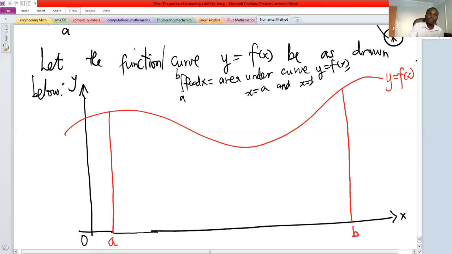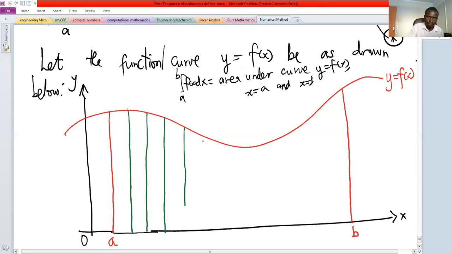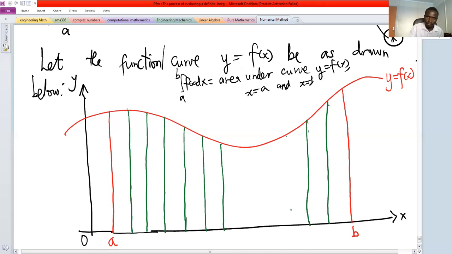So we divide this region, similar pattern.